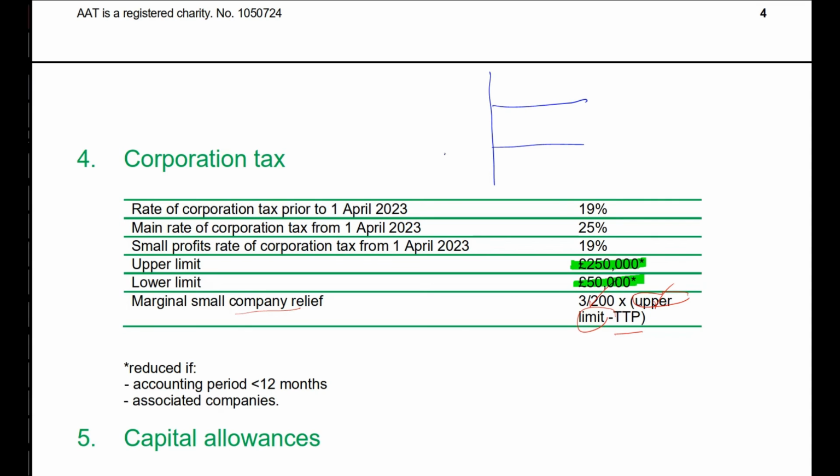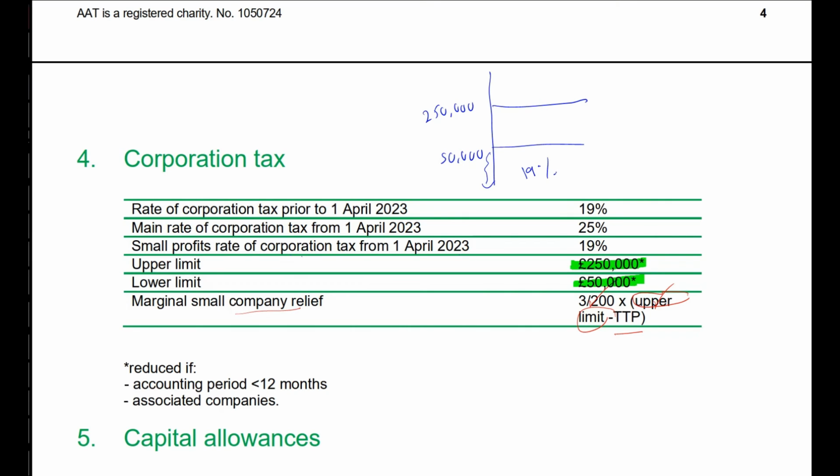So let's put the lower limit in, 50,000. Put the upper limit in, 250,000. And what's it telling me? It's saying the small profits rate of corporation tax from April 2023 is 19%. So small profits must be for the smallest company and the smallest profits.